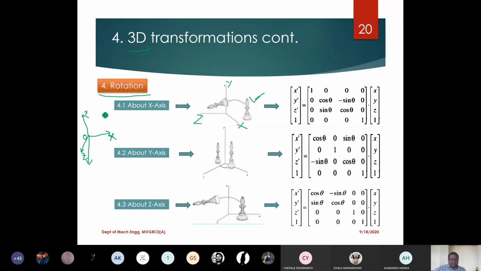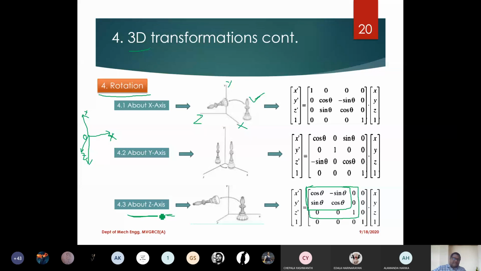So that is the reason if you look at rotation about the z-axis here, the matrix that we got exactly matches this one: cos theta, minus sin theta, sin theta, cos theta. I hope you can recollect that this is the one we got for 2D transformations. In homogeneous representation that would be like this: cos theta, minus sin theta, sin theta, cos theta, 0, 0, 1.